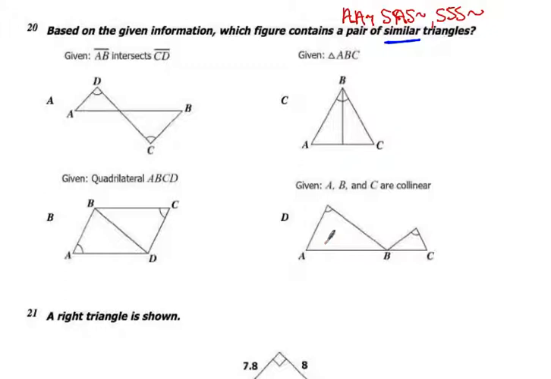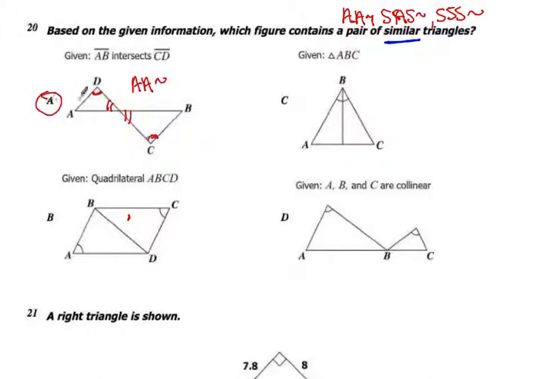Those are your only 3 methods. Okay, so number 20, based on the given information, well, we have D is congruent to C, and we've got a bow tie, so we also have vertical angles. Are these 2 triangles similar? And how are they similar? You got it, angle, angle similarity.